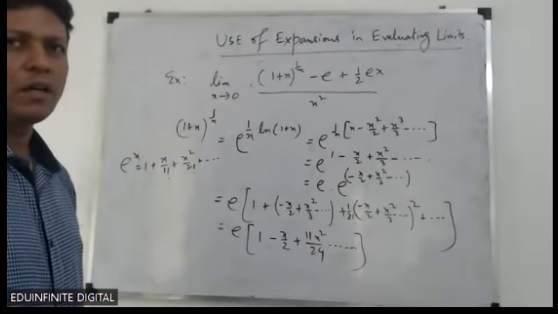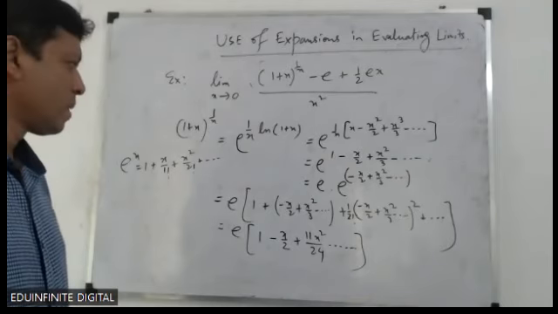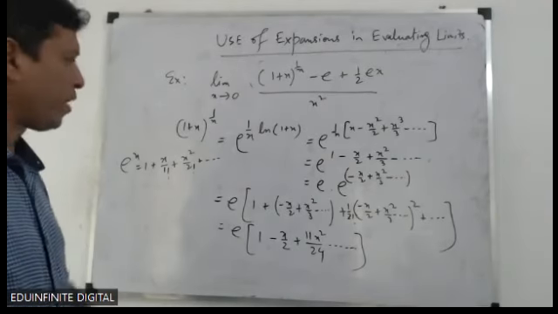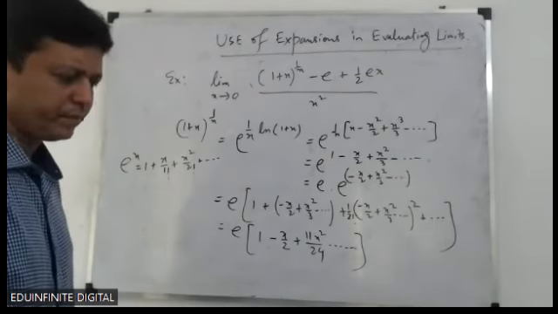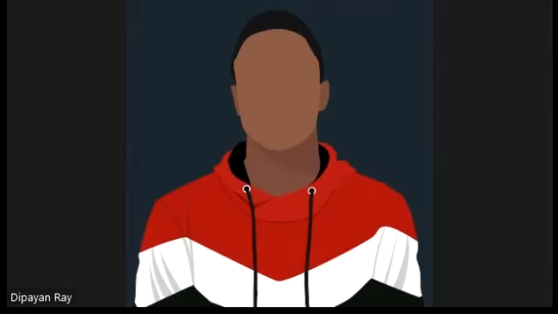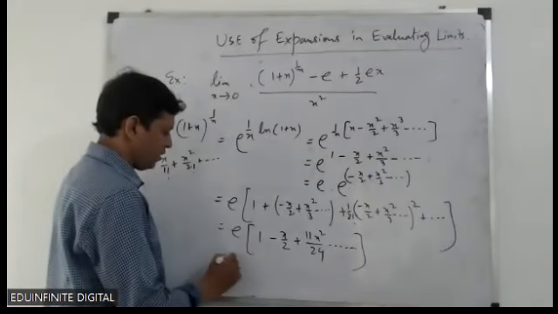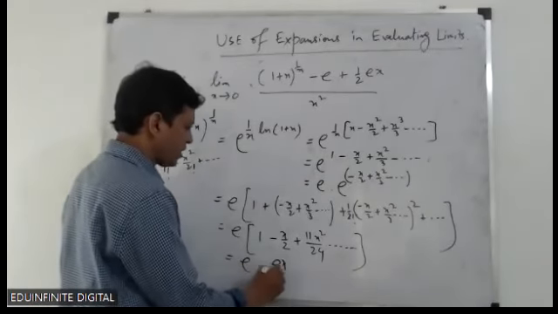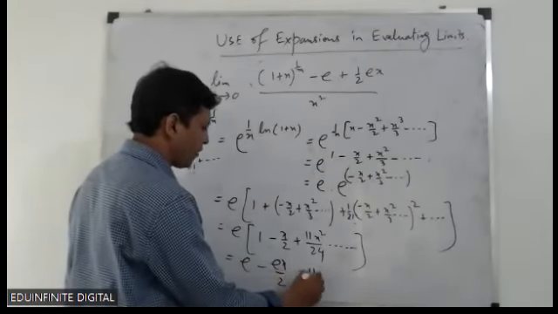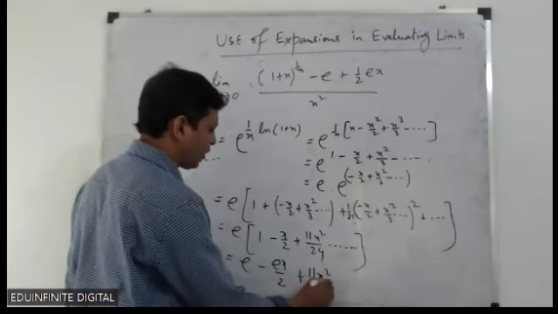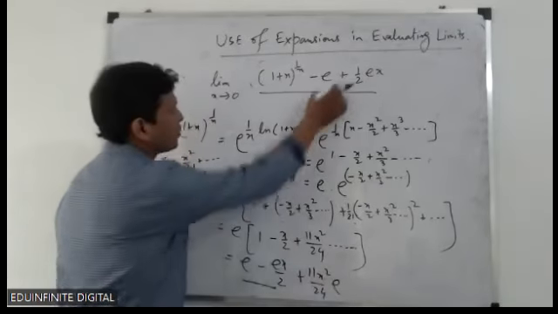This is a formula expansion. See the expansion, defined up to this. Clear? Yes, sir. Now see, this is your x by 2, 11 x square by 24, e. Now these two terms are this.